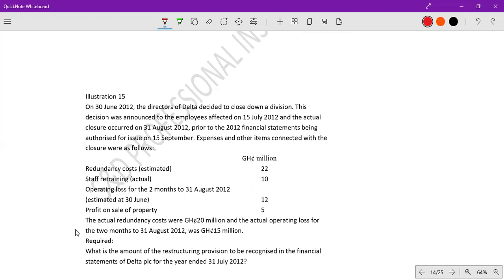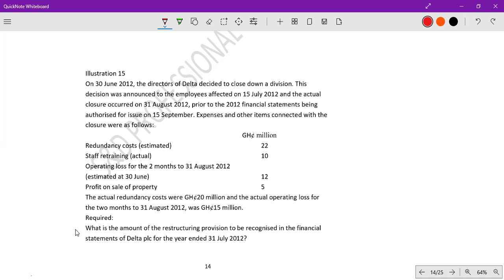The financial statements were authorized for issue on 15 September. Expenses and other items connected with the closure were as follows: redundancy costs, staff training, operating loss for the 2 months to 31st August 2012, profits on sale of property.